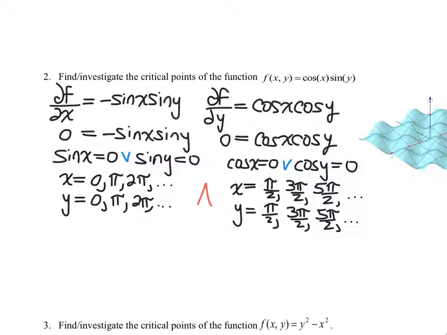All right, so I tucked a little and symbol in there, because they have to happen in conjunction with one another. The partials will never be undefined, so I'm not worried about where they would fail to exist. I'm only worried about where they'll be equal to 0.